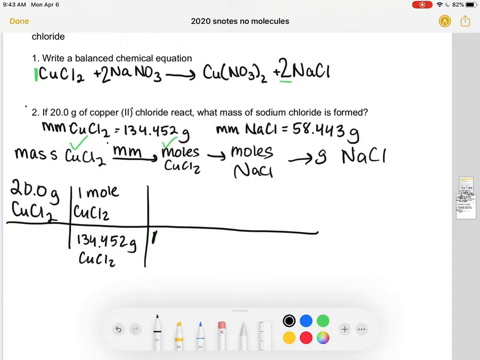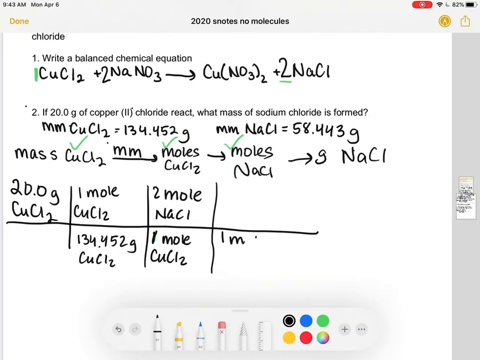For every 1 mole of CuCl2, I get 2 moles of NaCl. Okay, that's my mole ratio. So now I have moles of NaCl. That's awesome.